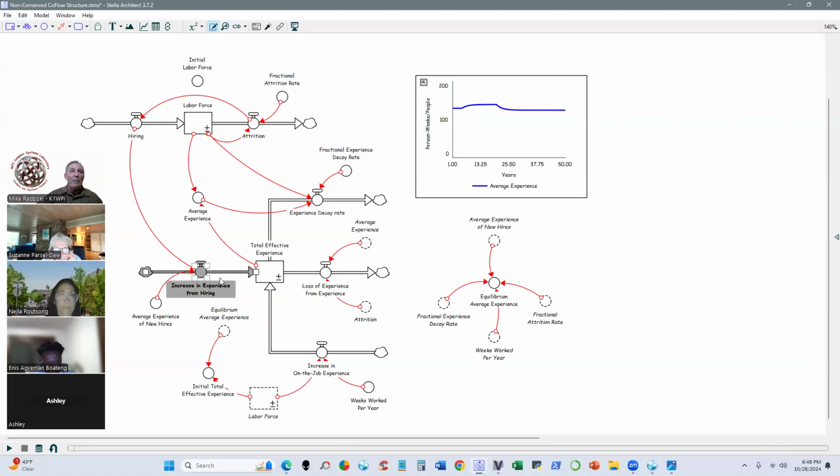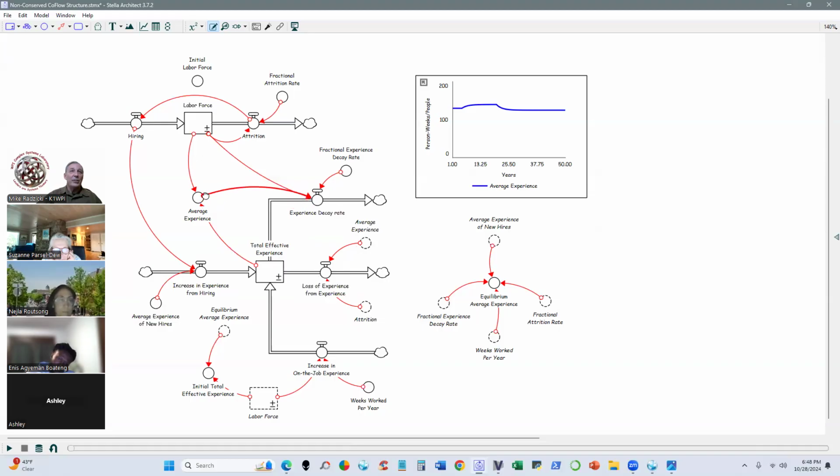When people come, they bring their experience with them. And then when they leave, there's some attrition. They're leaving at the average rate of experience. So here's that average, labor force total effective experience, that ratio. That's like the average interest rate. And then when they leave, I could have stretched a link over here, but I don't like crossing pipes if I can help it.